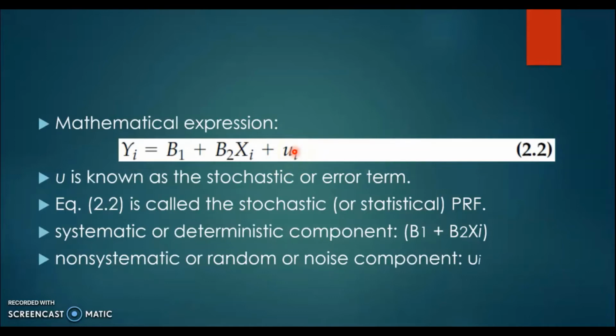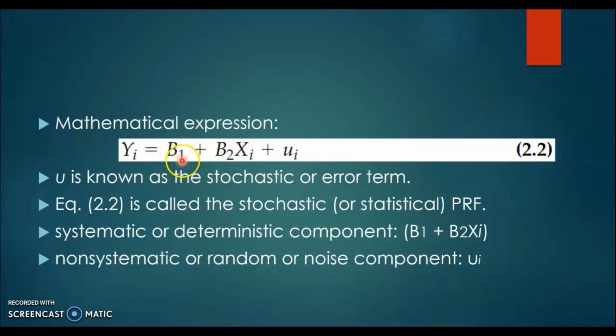Since we introduced that term, this equation is called the stochastic population regression function, or the statistical population regression function. And the right-hand side of this equation can be divided into two components.